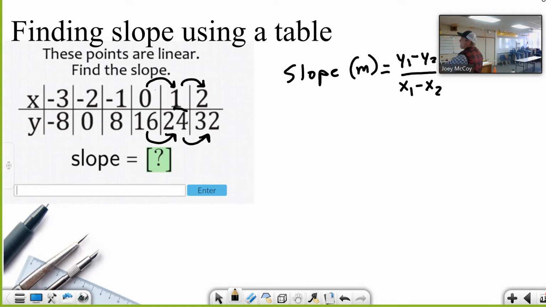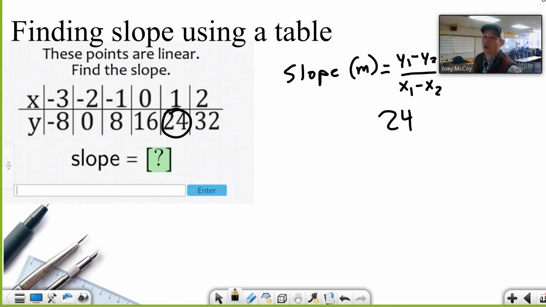Here's two y values and subtract them. Notice I'm going to pick the bigger one to subtract. So I am going to start off with this y value, 24. And I'm going to subtract a smaller y value, 16. Divided by an x value, but it has to be the matching x value.